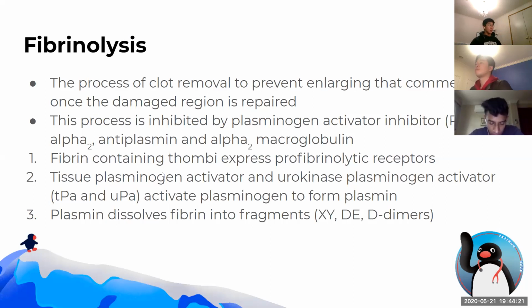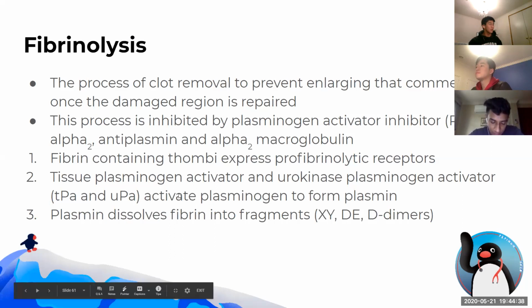What happens is that the fibrin, or the stable clot, will express these receptors called profibrinolytic receptors. And we have a few activators, our tissue plasminogen activators and our urokinase plasminogen activators. These will activate plasminogen to form plasmin.